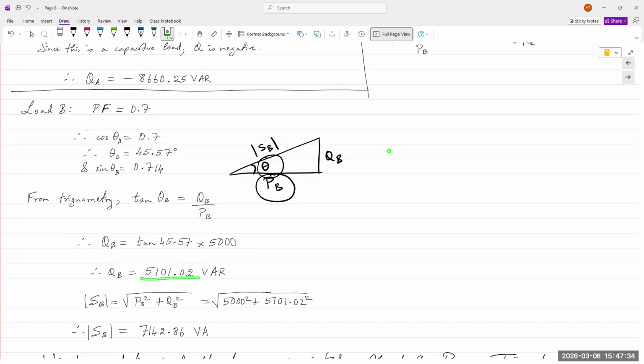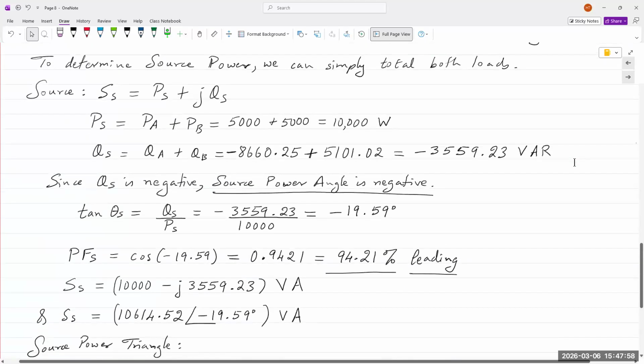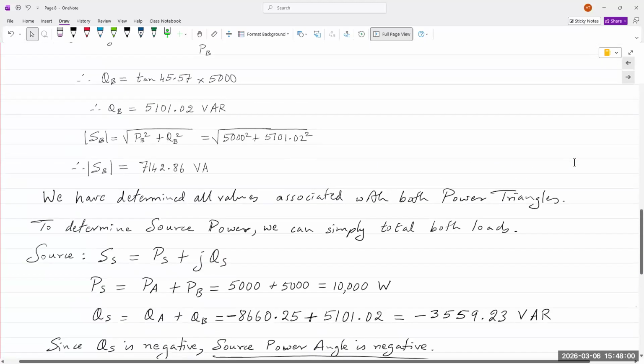Once we obtain Q and we have P, Pythagoras theorem, magnitude of S is square root of P square plus Q square. So we have the fourth quantity. Thus, we have determined all values for both power triangles.